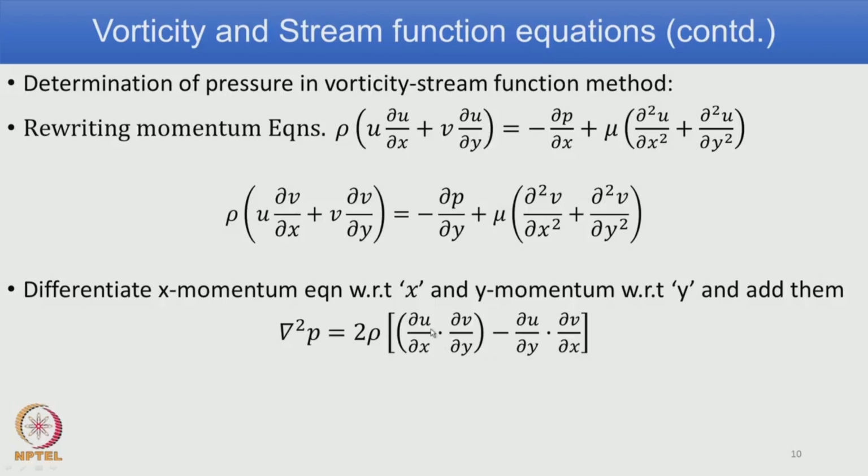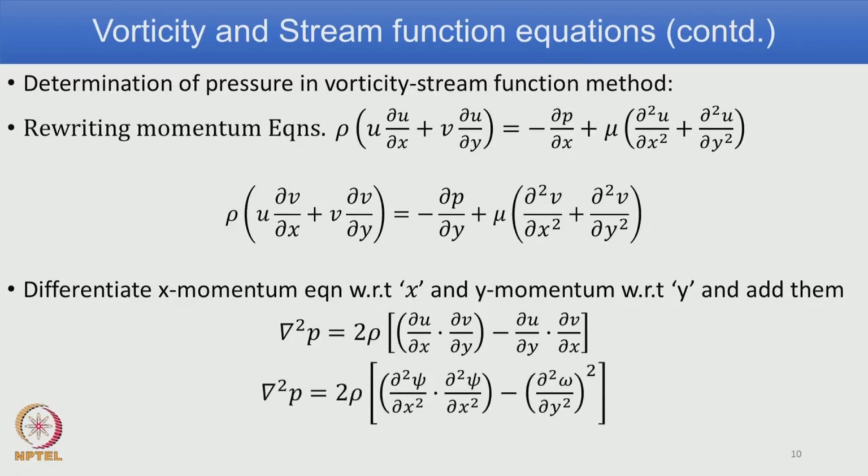Now, one can also replace u and v in terms of psi. So, we get another equation, del squared p equal to 2 rho into remaining term. So, you can observe that once you have solved the previous equation 8, which is a transport equation written with the psi as a single variable, and then omega, which is the transport equation for vorticity, from these two variables after the solution is obtained, one can get the pressure field.